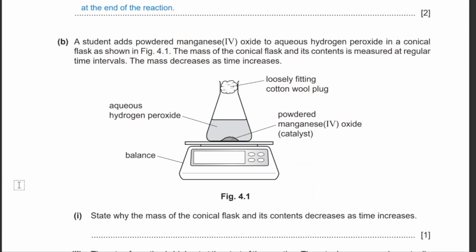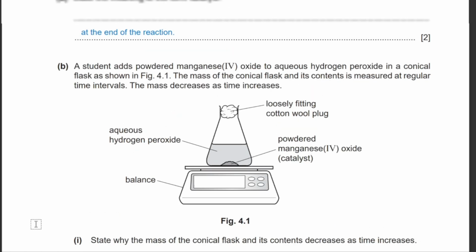Part B. A student adds powdered manganese(IV) oxide to aqueous hydrogen peroxide in a conical flask as shown. The mass of the conical flask and its contents is measured at regular time intervals. The mass decreases as time increases. State why the mass of the conical flask and its contents decrease as time increases.